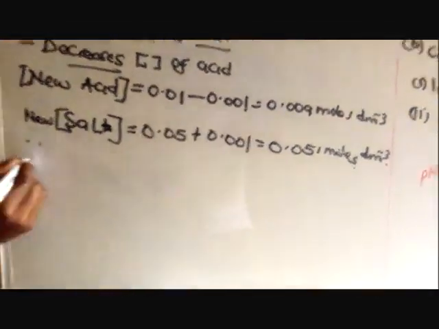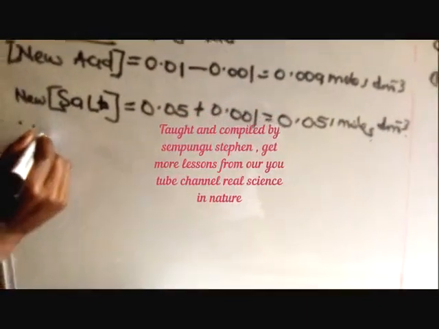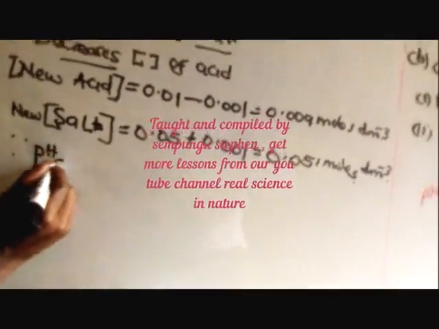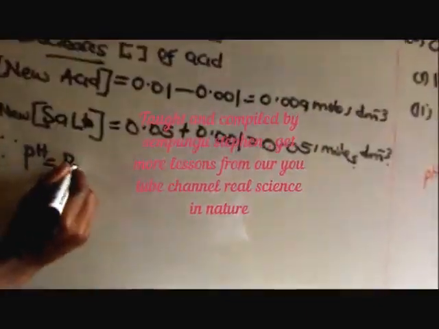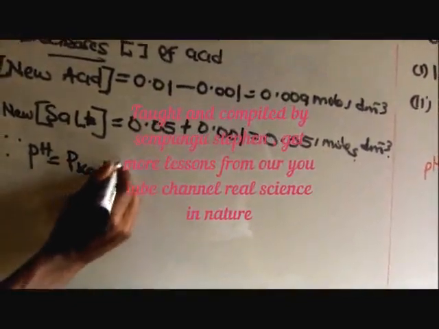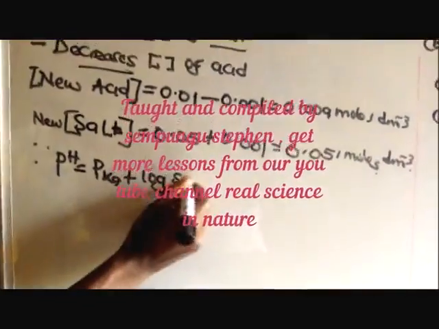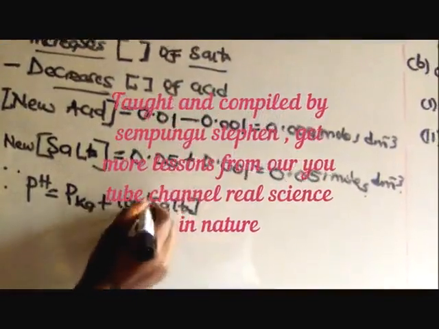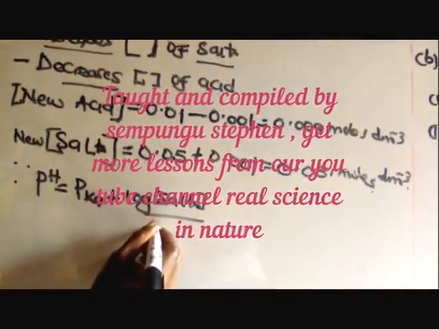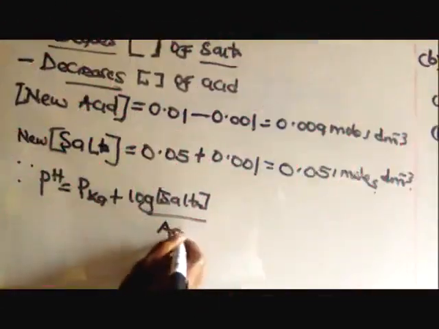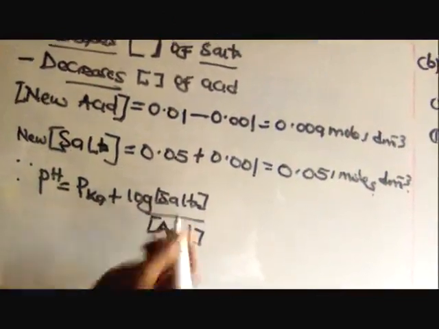So good. Now after obtaining our new concentrations, we bring back our Henderson equation. So here we are going to introduce our equation, which says pH is equivalent to negative log of Ka plus log of our salt concentration over the acid concentration. And then we substitute.